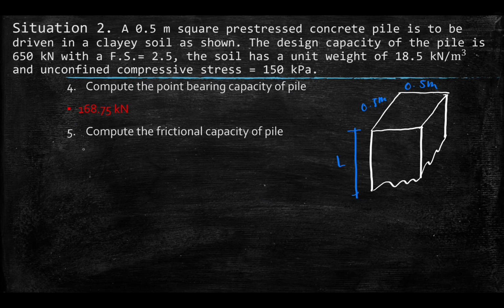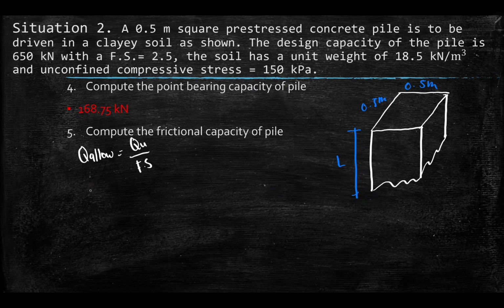The design capacity of the pile is the Q allowable. To solve for Q allowable, it is QU over Fs. We have Fs, and QU is equal to QEB plus QSF. So the only missing part of our equation is QSF. Therefore, we can solve question number 5.